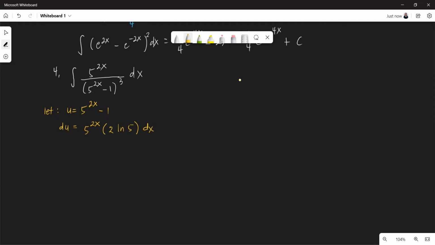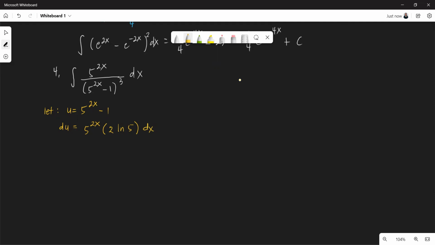That's how you get the derivative of an exponential function. Again, you need to review your differentiation formulas. So we need 2 ln of 5.